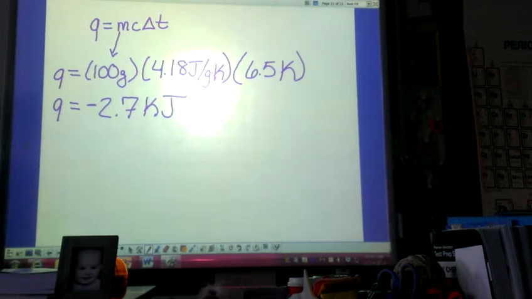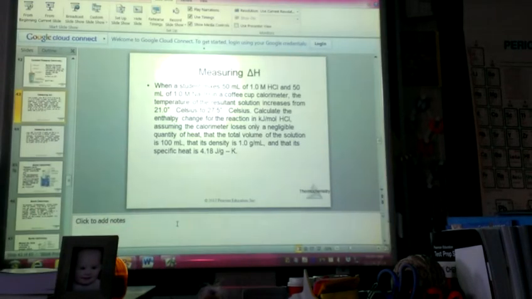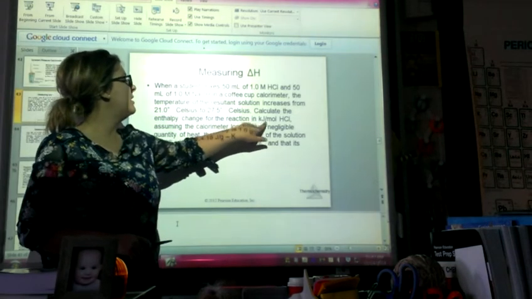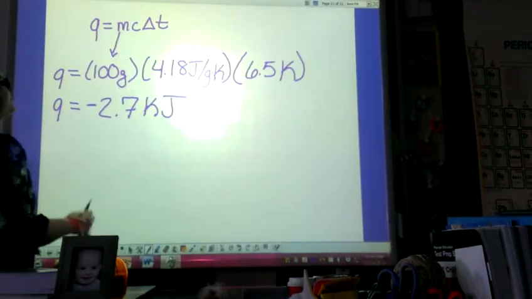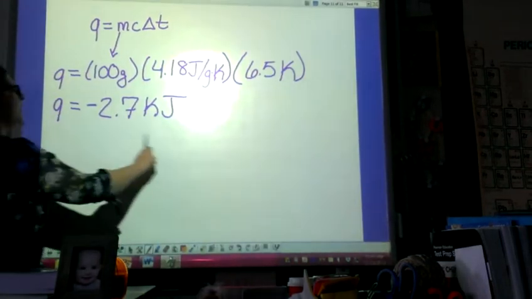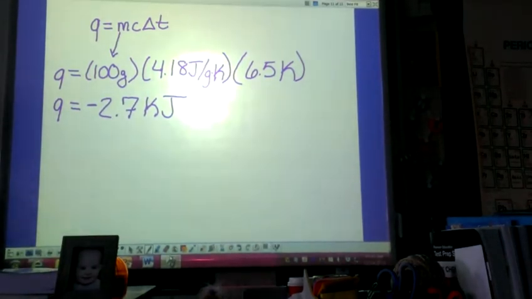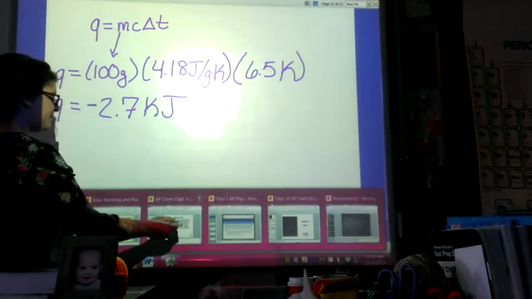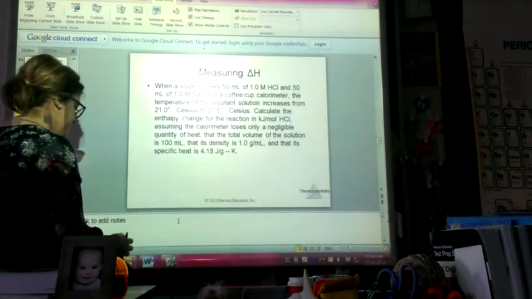Okay, but that just tells me how many kilojoules I have, and they asked me for the enthalpy change in kilojoules per mole, specifically of HCl. So right now I have the kilojoules part, but I want to think about this for HCl. I know we have 50 mL of HCl, and the concentration of HCl was 1 molar.